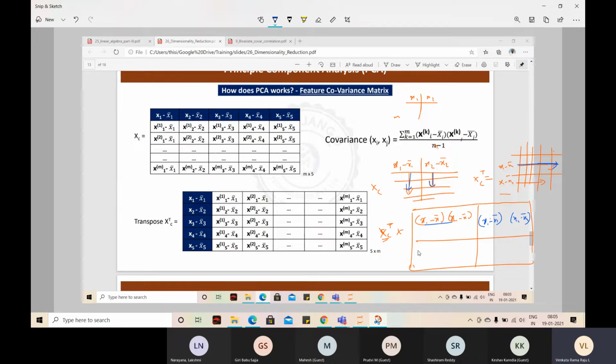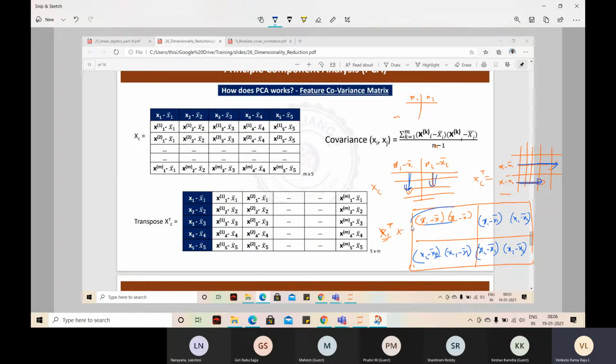And here it's going to be the second row multiplying the first column. That's going to be X2 minus X2 bar into X1 minus X1 bar. And here, this row multiplying this column is going to be X2 minus X2 bar into X2 minus X2 bar.